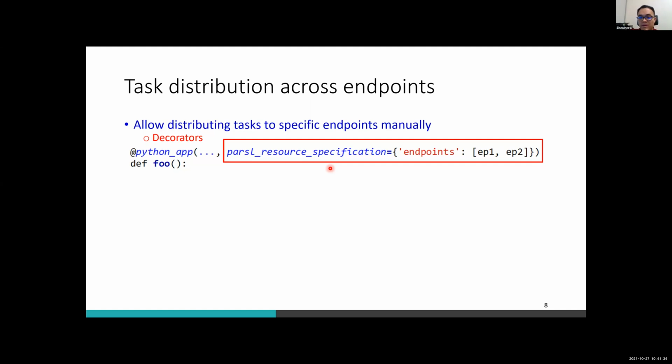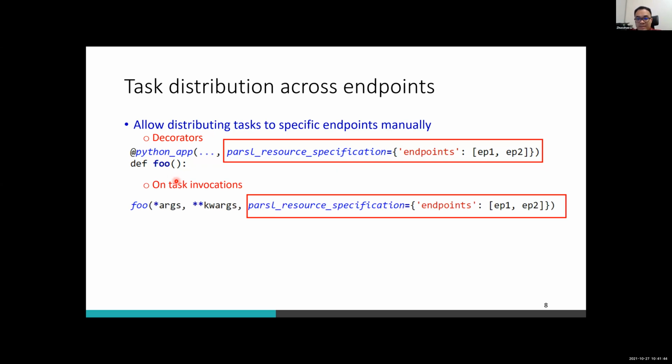One can specify a set of funcX endpoints to send this function to. The other one is on task invocation, where you can again specify a list of endpoints with the same Parsl reserved keyword argument.